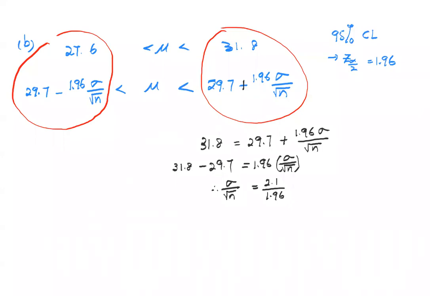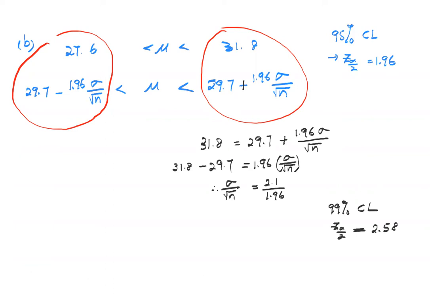If it's a 99% confidence level, what is the Z alpha over 2? May I know? 2.58.